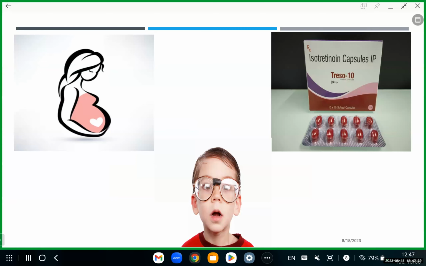Then pregnancy and lactation. These surgeries are contraindicated in case of drug usage such as isotretinoin or amiodarone. In case the patient's age is less than 18 years and in unstable refractive error, procedures are contraindicated.